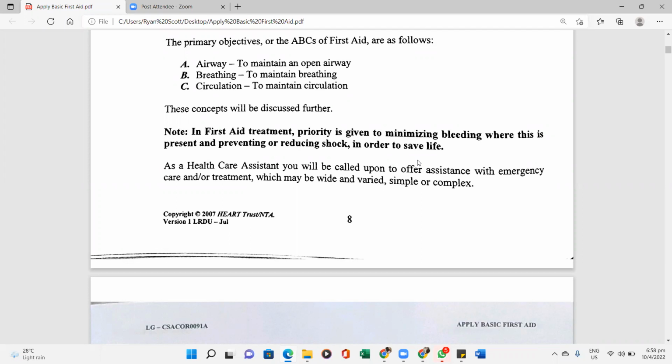We could check for circulation by feeling the body temperature, if it's warm or cold. No, circulation would be blood flow. So how would we check for blood flow? I'm saying that you could check the temperature of the body to see if the blood is flowing.